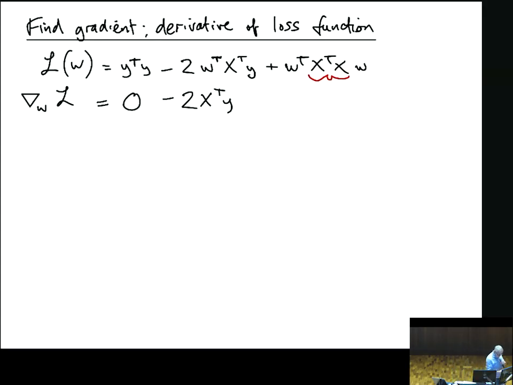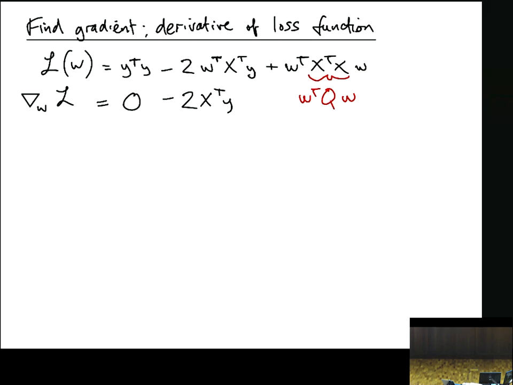It's going to turn out, and I'm going to skip over why, that this is a symmetric matrix. There's a rule when we're doing this kind of differentiation that says when we've got something like W transpose Q W, where Q is some symmetric matrix, we can treat this as essentially the product of W transpose and W. What's that like?